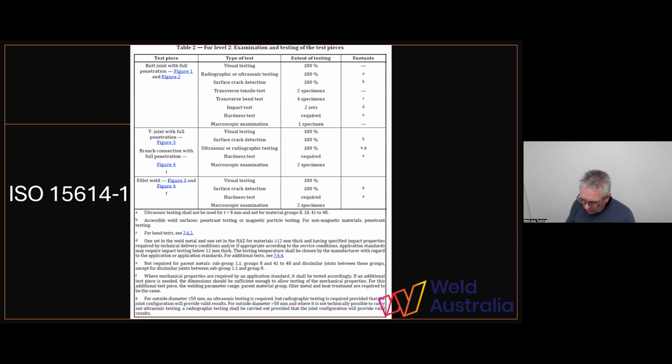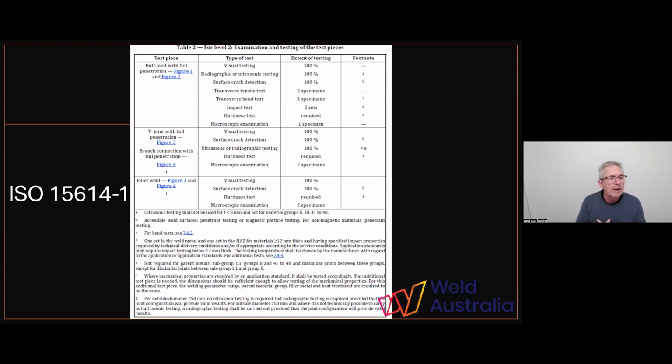If you look at a fillet weld, it's required to have basically 100% visual, surface crack 100%, hardness test if it's required, and it says there it depends on material type, and 2 macros. So it is governed a little bit on your materials on some of the stuff there in your footnotes, but something that you should be aware of.